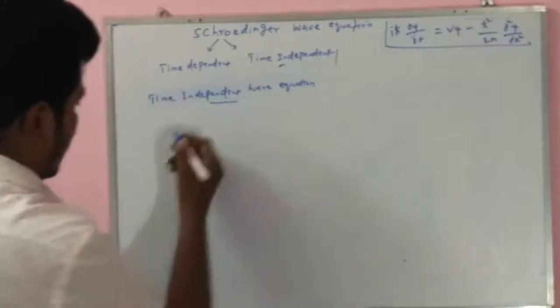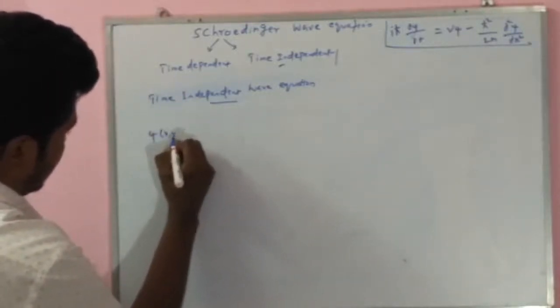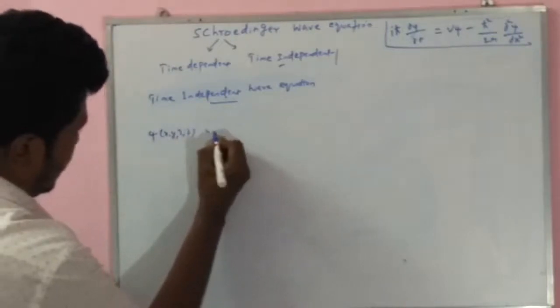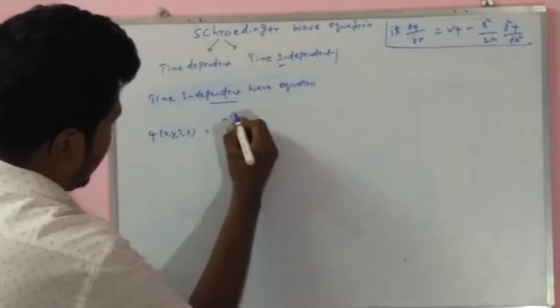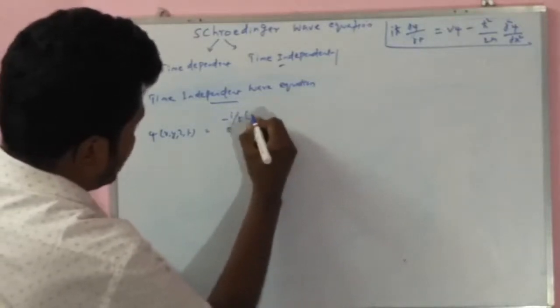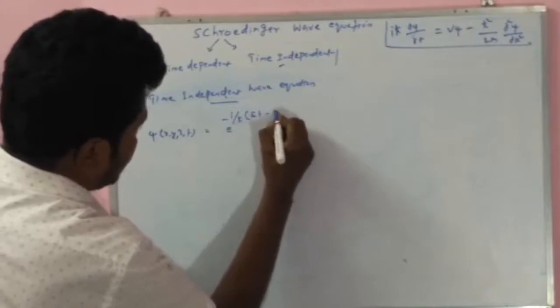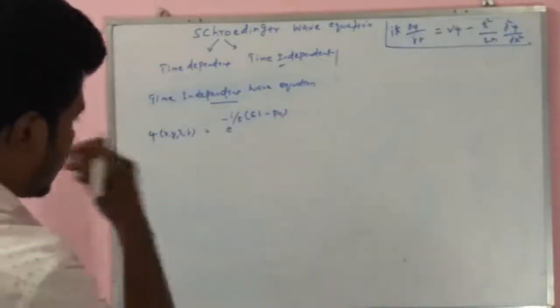Okay, so you know that for the wave function ψ, we know that e^(−i/ħ (Et − px)). Et minus px, that is the wave function.